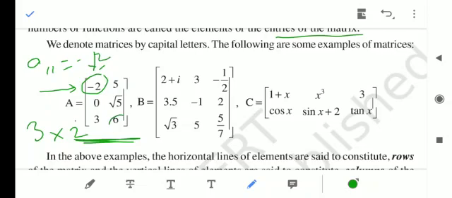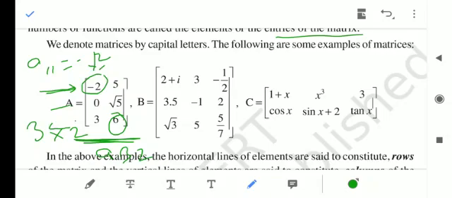Similarly, if I ask the position description of element 6, it is lying in third row and second column. You can see first, second, third horizontal line and second vertical line. So this description is written as A32. So A32 is 6. If I ask the order of matrix B, you can see 3 horizontal lines, so 3 rows, and 3 vertical lines, so 3 columns.